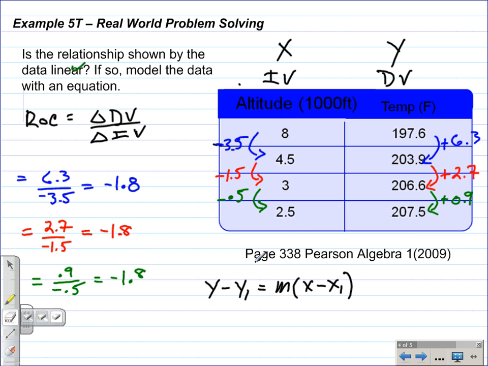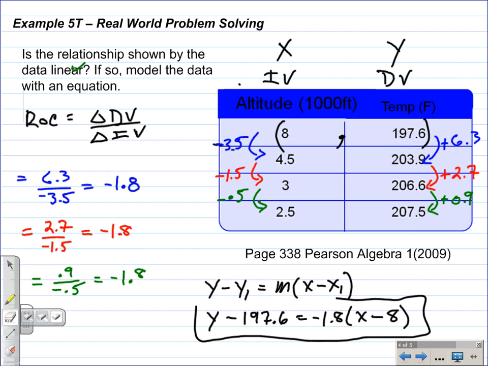So substituting in the equation one of these points as our x, y, it's y minus 197.6 is equal to, now our slope in this case is our rate of change, which is negative 1.8 times the quantity x minus this x value, which is 8. Close the quantity. So this would be a linear equation we could use to model this data.